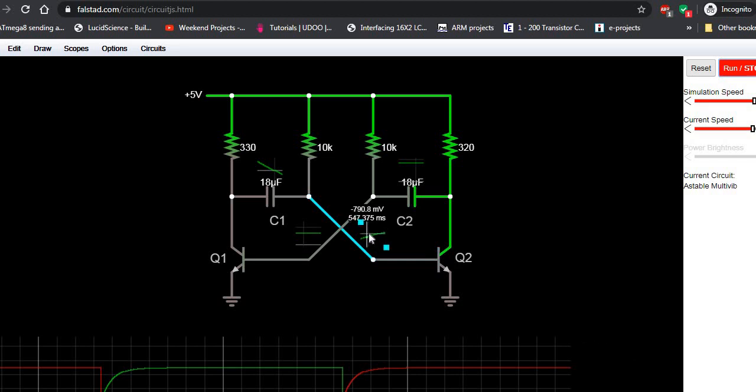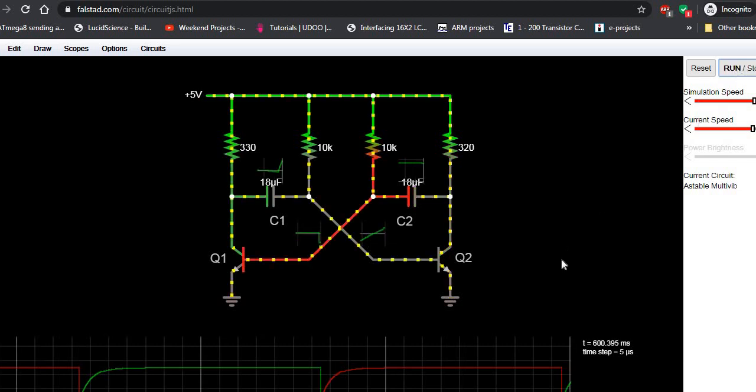So look at this, Q2 is off. That's why output is high. In a similar fashion, look at the voltage on capacitor C2. This is 0.67, which is more than enough to make Q1 go into saturation mode. That's why Q1 is in saturation mode. Output is absolutely 0.